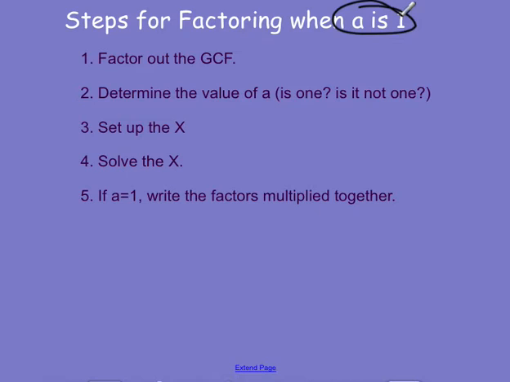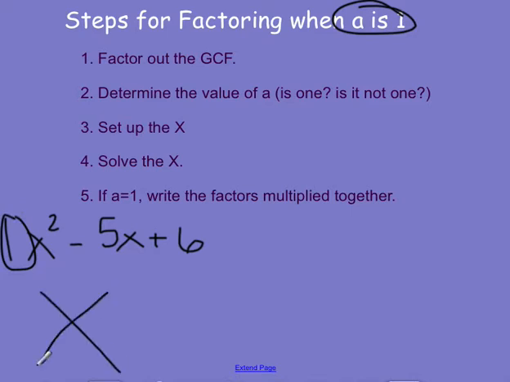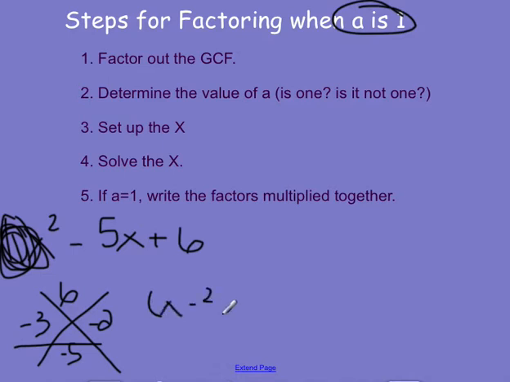But basically, if you have a trinomial, for example, x squared minus 5x plus 6, if this coefficient is 1, once you go through the work of setting up the x, which is -3 and -2, if the coefficient on the x squared term is 1, you can immediately put that into your factors. You don't have to go through the work of doing the factoring by grouping.